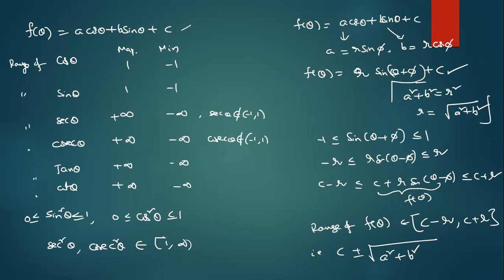Today we discussed various forms of trigonometric identities. We discussed how to find the range, at different levels from easy onward.